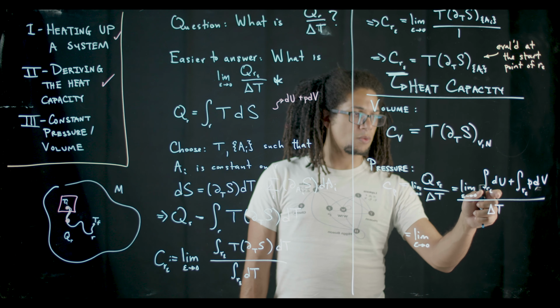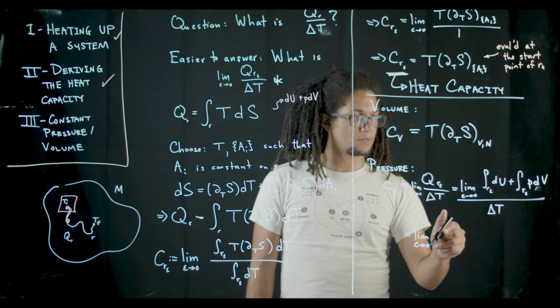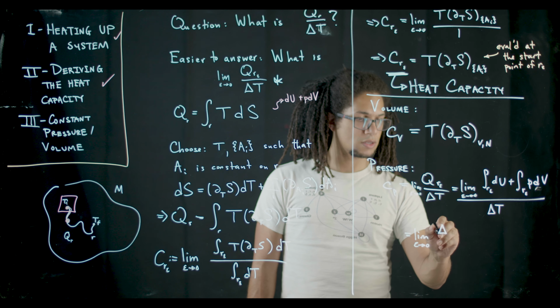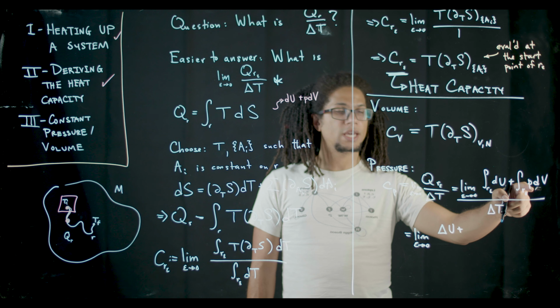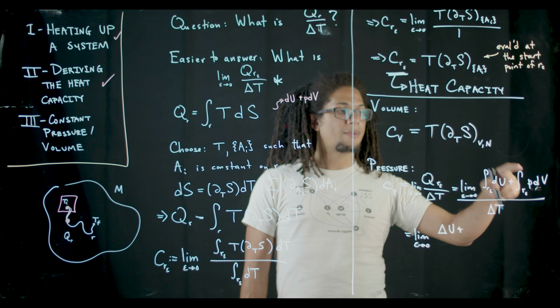For this first term, we're going to get delta U over this path. For the second term, P is a constant, and so it can come out of the integral.